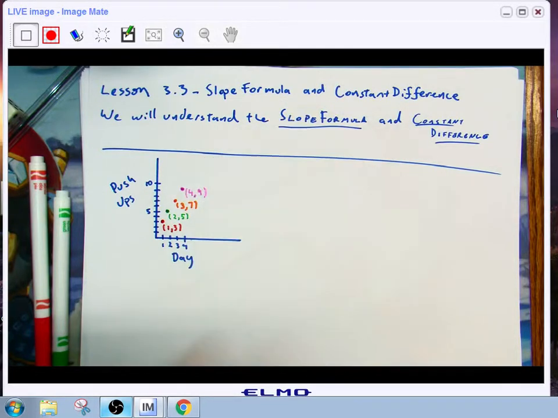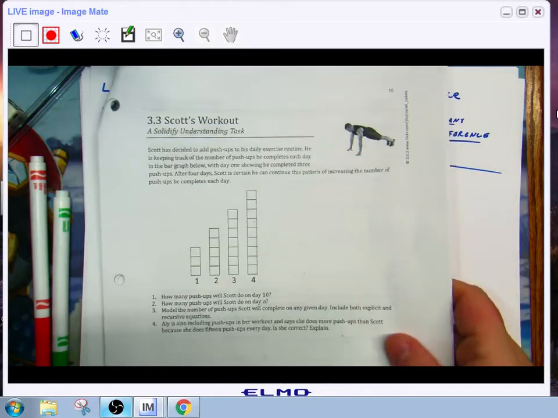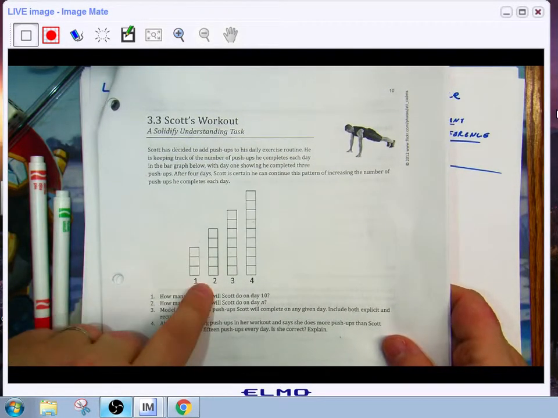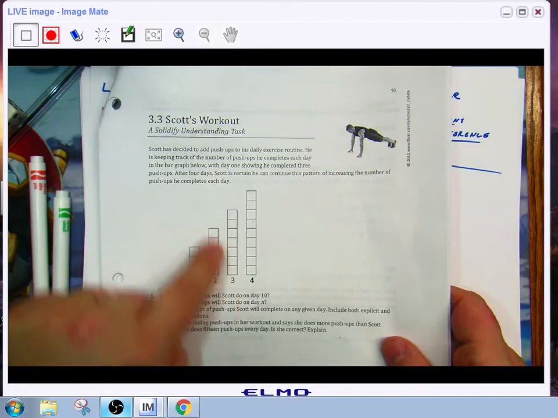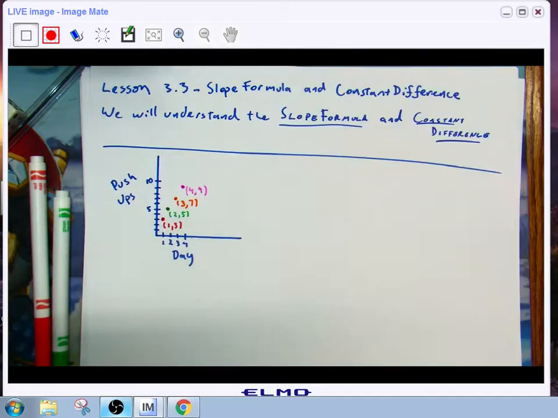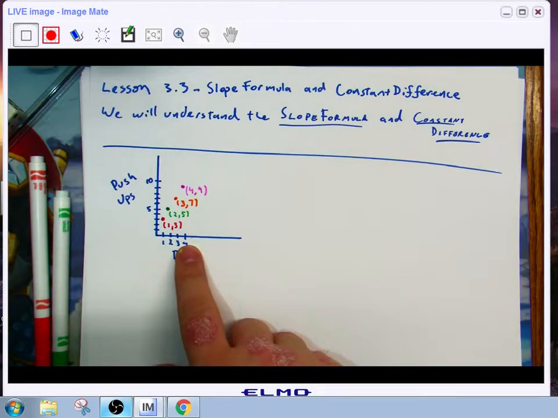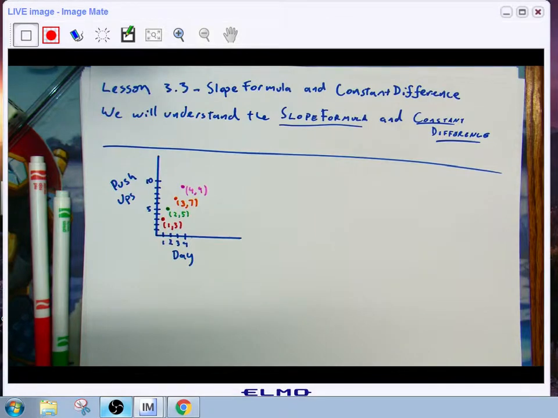So all I did was take the bar graph from Scott's workout, 1, 3, 2, 5, 3, 7, 4, 9, and put it in an XY plane. That's something we're more familiar with and work with more in algebra.